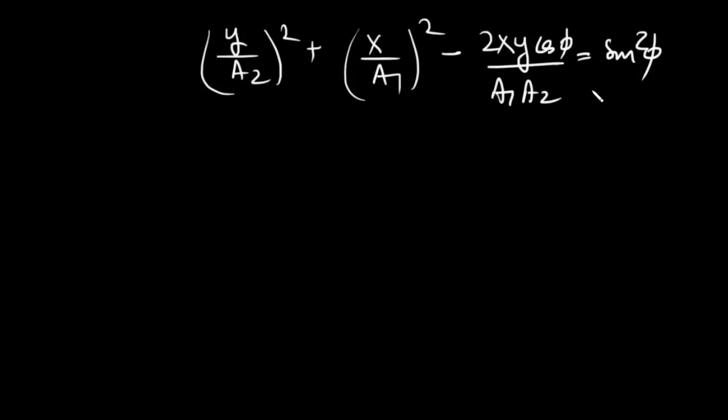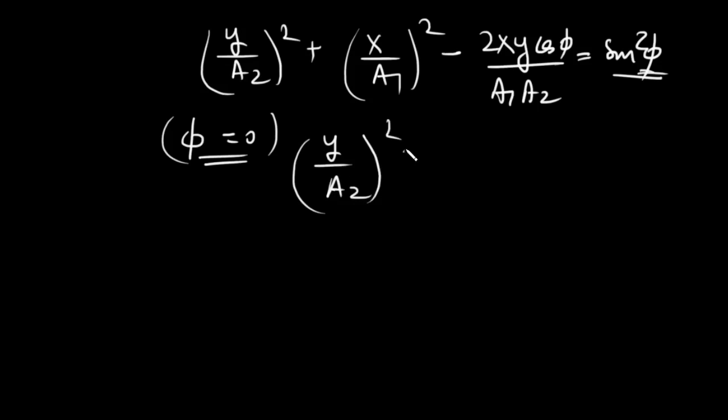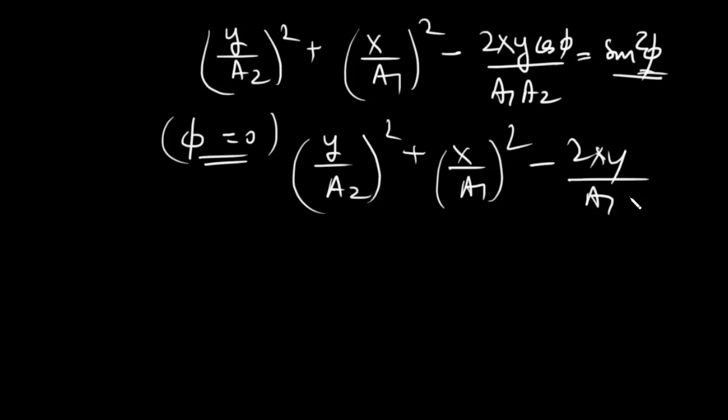Now what type of oscillation will take place depends on phi. We can take special cases. For example, let us say phi to be 0. If there is no phase lag between them, what happens is sine 0 becomes 0, cos 0 is 1. So we are left with y upon A2 whole square plus x upon A1 whole square minus 2xy upon A1 A2.